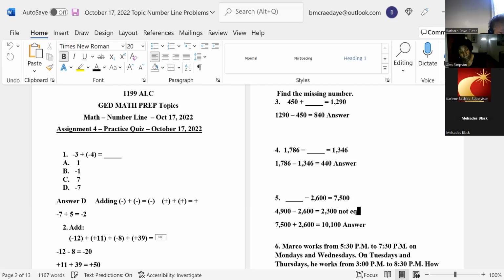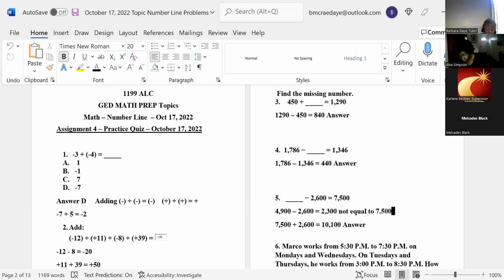And that's not equal to the answer. Yeah, got you. That's how you know that's wrong. It's not equal to 7,500. That tells you your answer is not right. You follow?